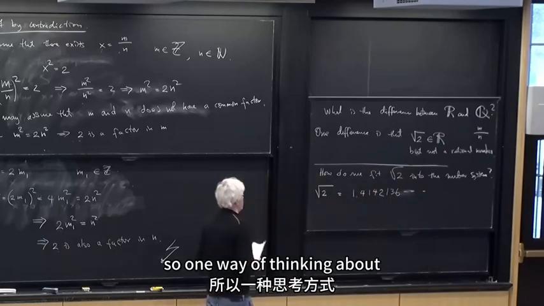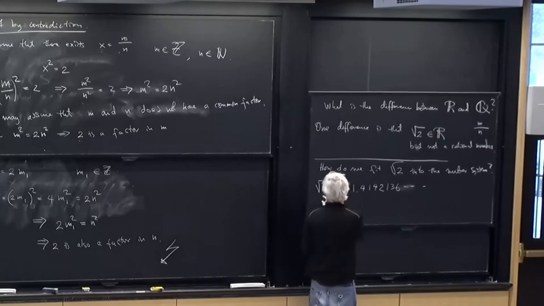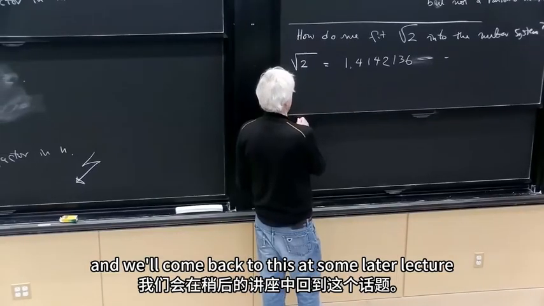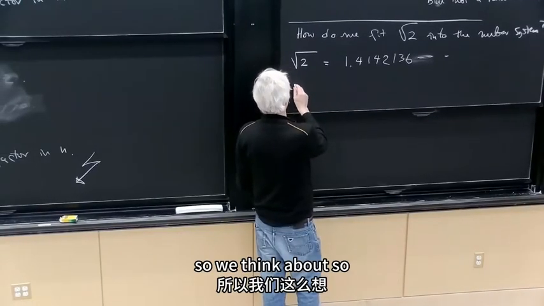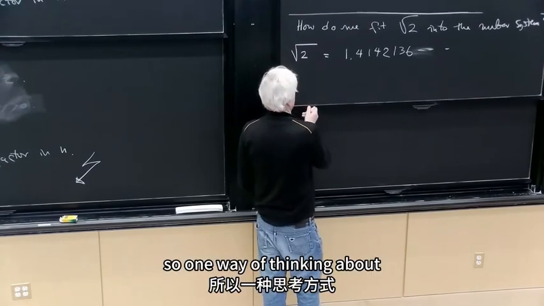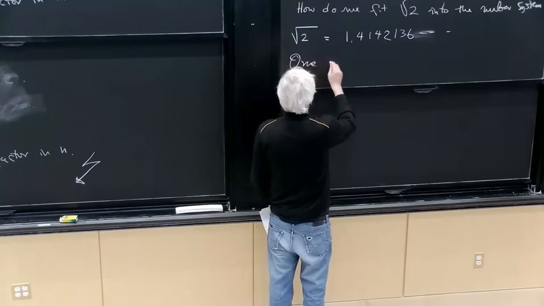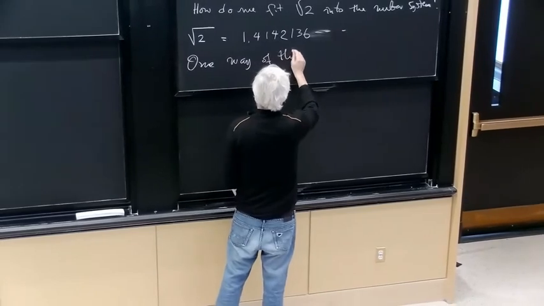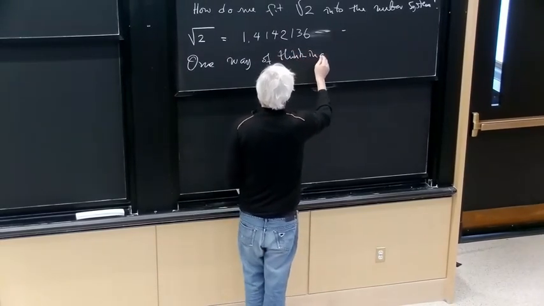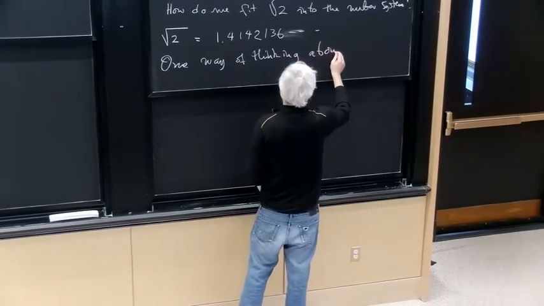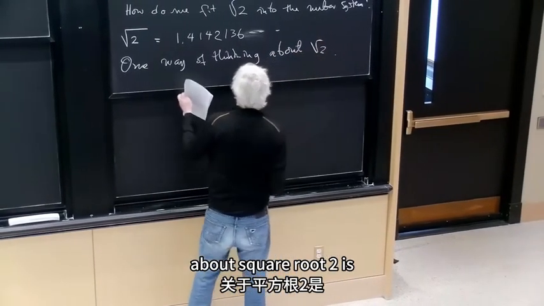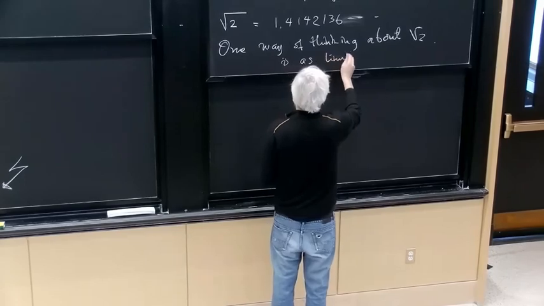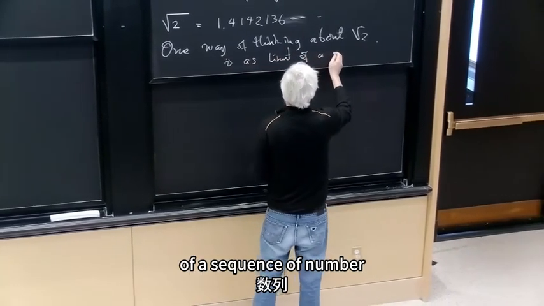So one way of thinking about square root of 2, and we'll come back to this at some later lecture, is as a limit of a sequence of numbers.